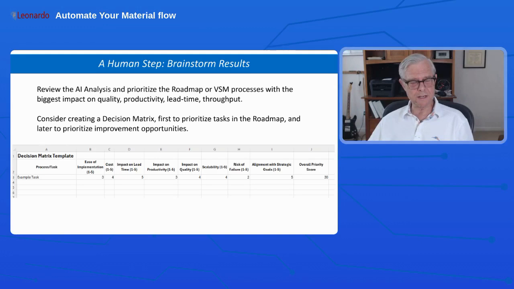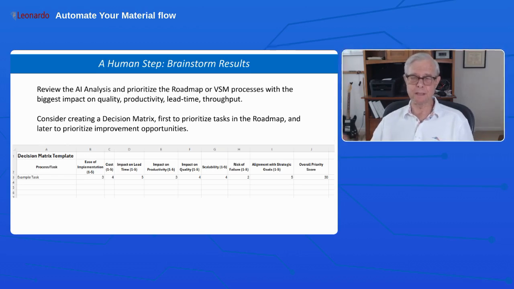So you can imagine how this can really get out of hand. What I'm suggesting here is you would need to create a decision matrix where you list the opportunities, a little bit like, what do they call it, a failure mode and effect analysis approach. You list all the different opportunities and then quantify them on a number of different aspects. For example, how easy is it to do this improvement?